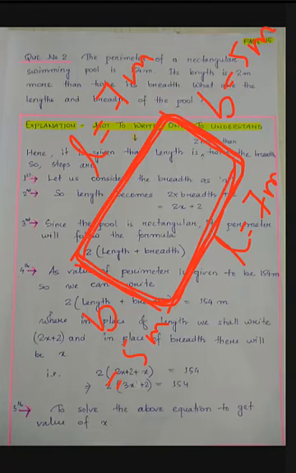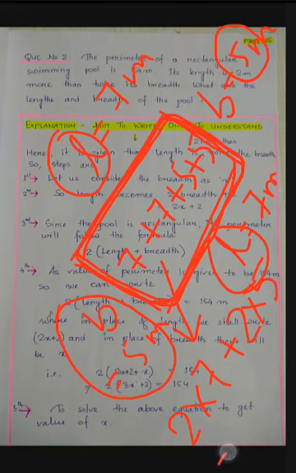We shall just write the length of this part, 7, plus the measurement of this length, 7, plus the measurement of breadth, 5, plus this one, 5. So this gives 7 occurring 2 times plus 5 occurring 2 times, which equals 2 into (7 plus 5).